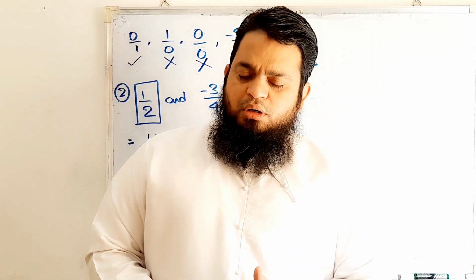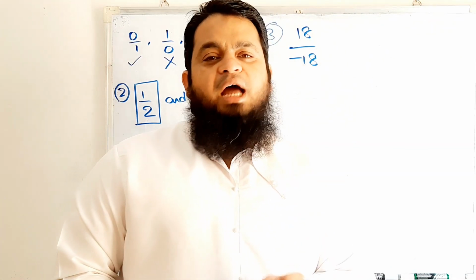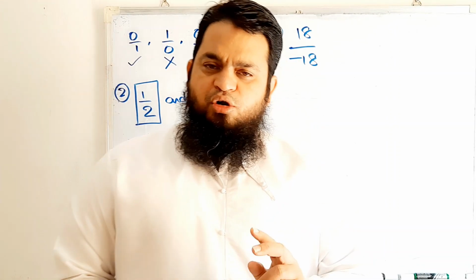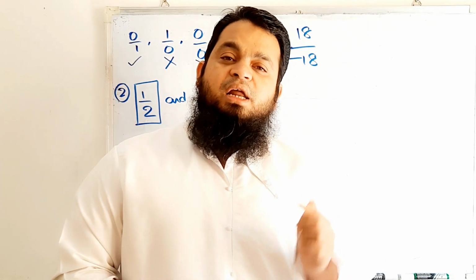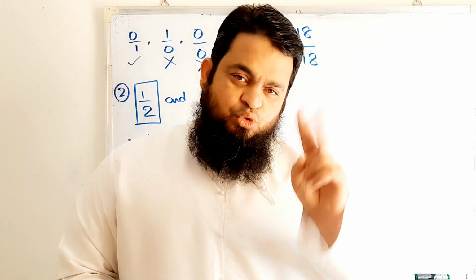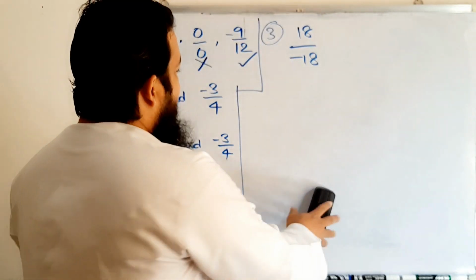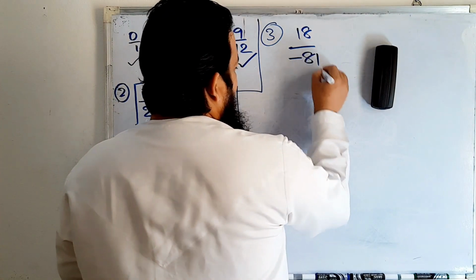P by Q for a rational number in the simplest form means they should not have any common factor except 1. Numerator and denominator should not have any common factor except 1, and the denominator should be positive. These two things. Now here let us see 18 and 81.